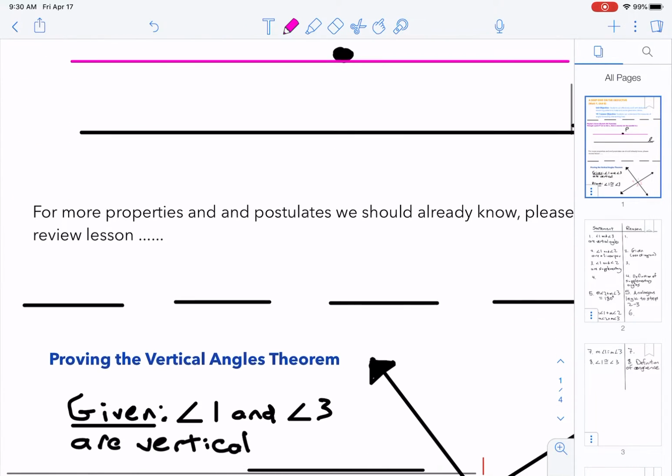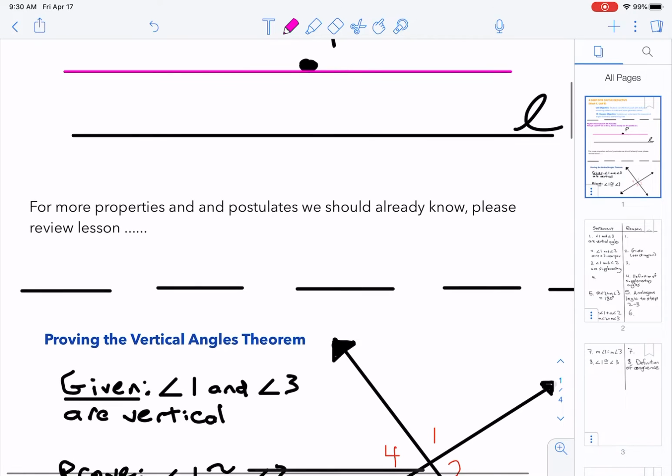Okay. So we've already worked with this a good bit, and I'd like you to think back for a sec to the following lesson, and that lesson is 16.4.